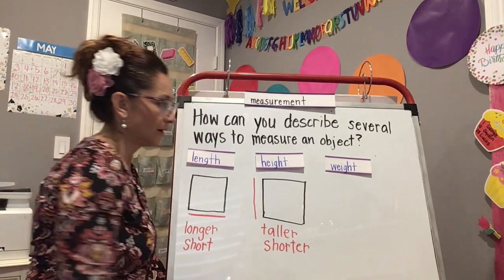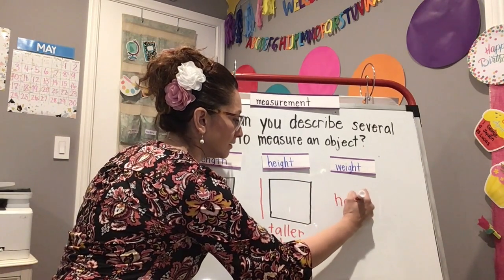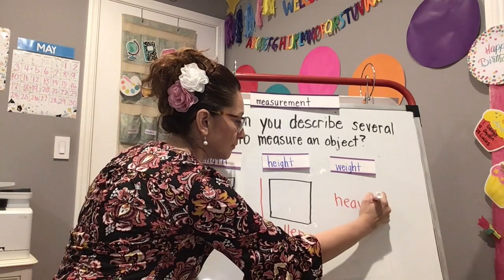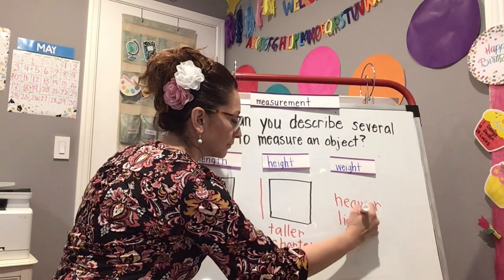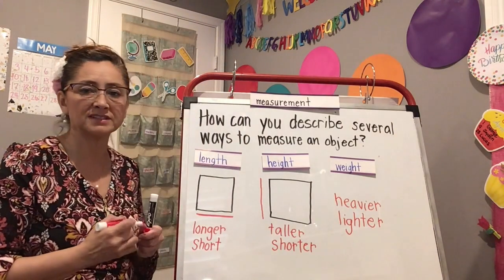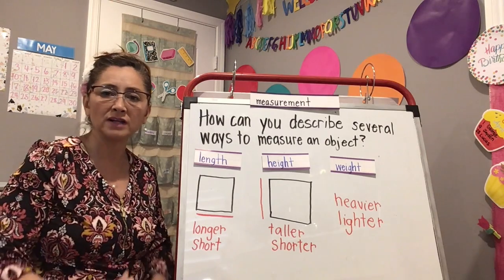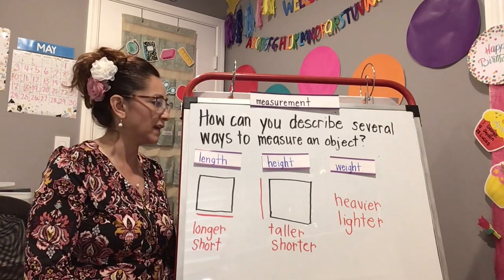For weight, we are using the words heavier or lighter. Those are the words that we are using when we want to compare or describe different ways of measuring an object.